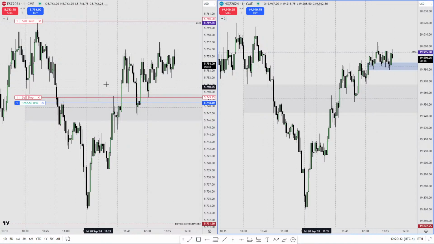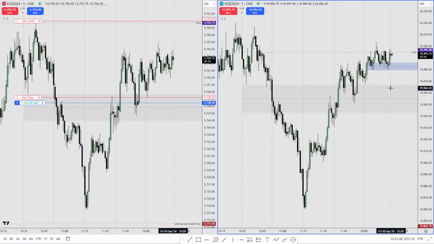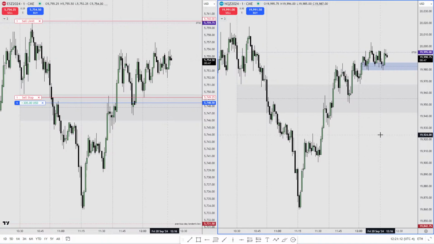I'll watch the candles close. Preferably let's see it close above this down close candle for ES as well. I mean for NQ as well, preferably. Okay, we didn't get that. The next candle I would like to see expansion for NQ because this is an inside candle on the 1 minute.